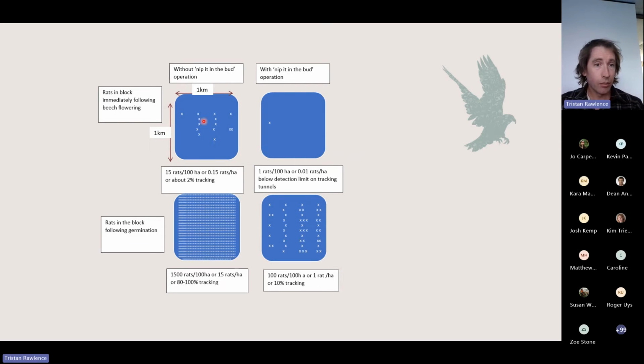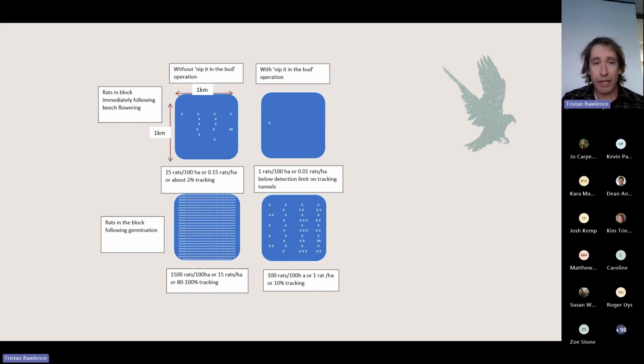In this top left square, this is a back of the envelope calculation where I've taken some figures from the Lake Alabaster study on tracking rates and densities, and come up with a flowering rat tracking rate in a 100 hectare block of about 2%, which equates to about 15 rats in 100 hectares.